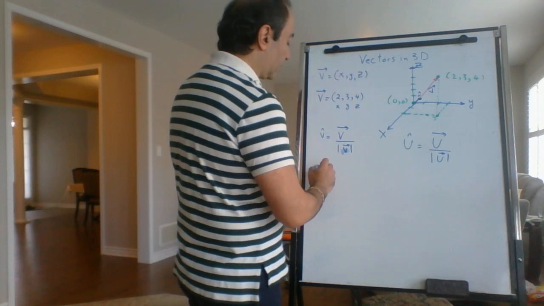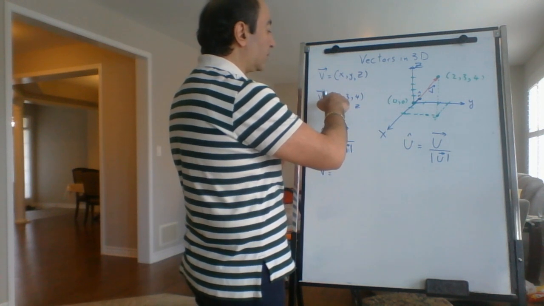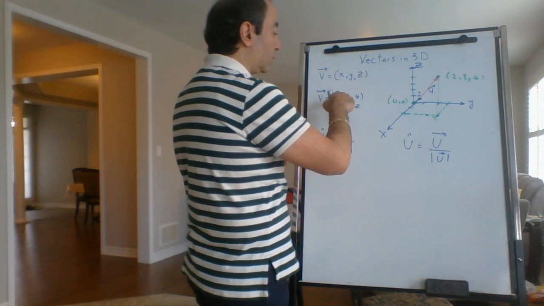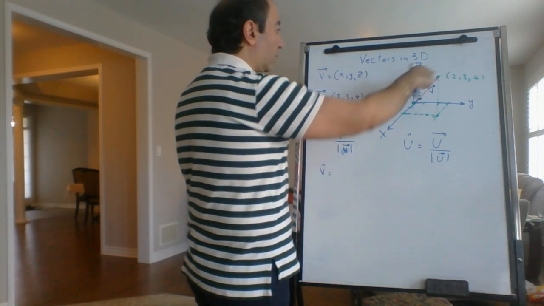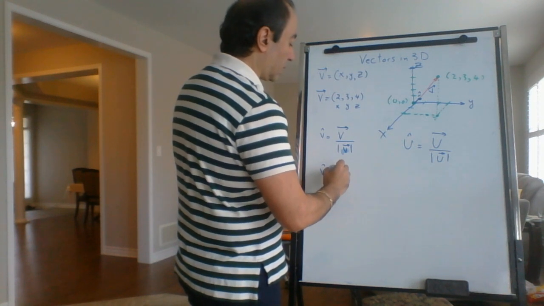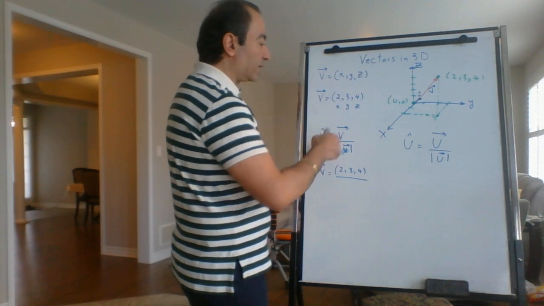So the unit vector of v, we're going to write vector v. Vector v is represented by those 3 numbers: 2 in the x direction, 3, 4, because this is the head of the position vector v. So I will write 2, 3, and 4, divided by the magnitude of the vector.